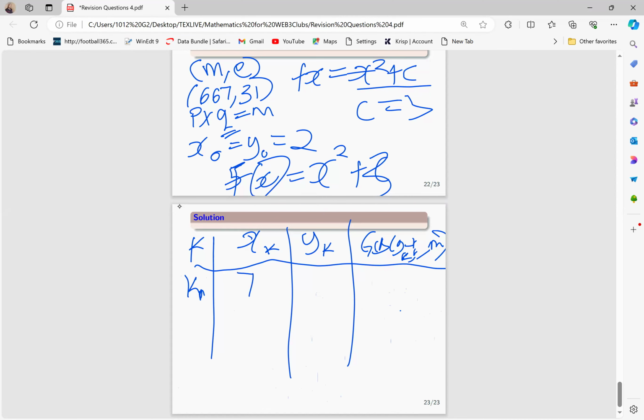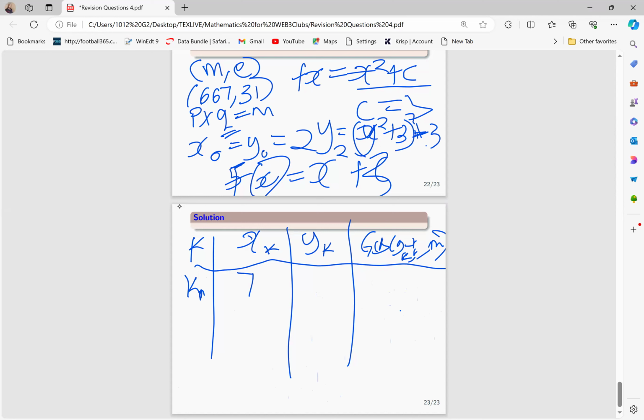For the formula of y, we'll use y equals x squared plus 3, all squared, plus 3. Yeah, like that.